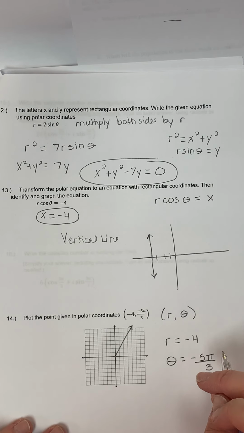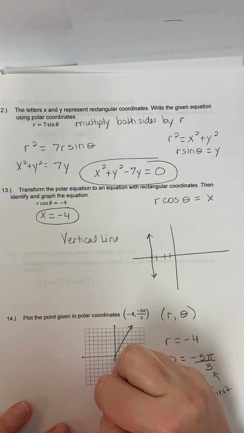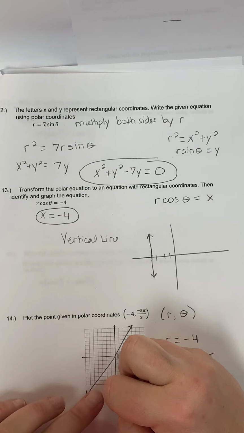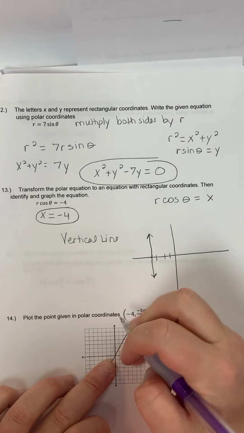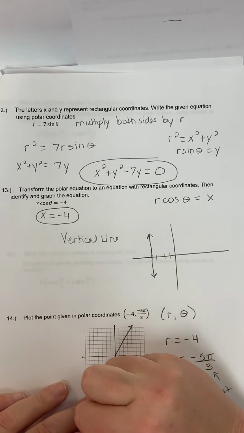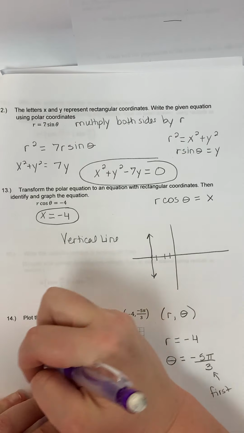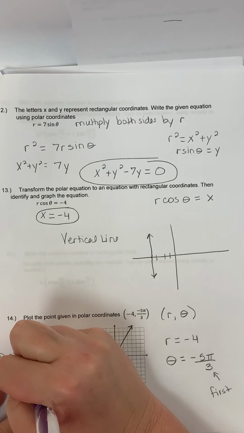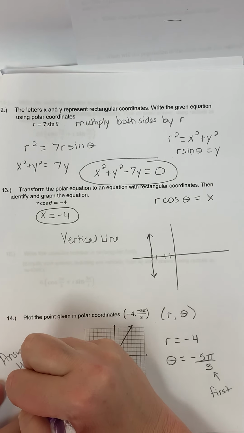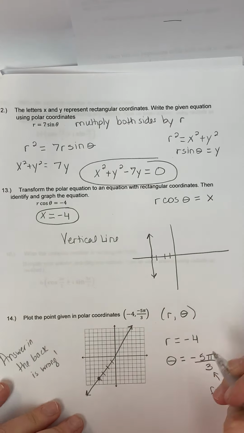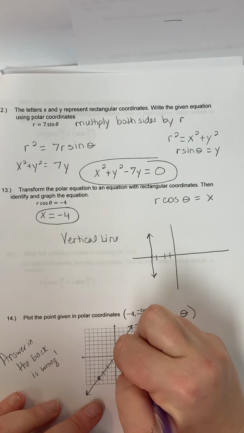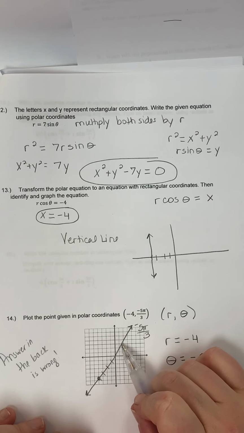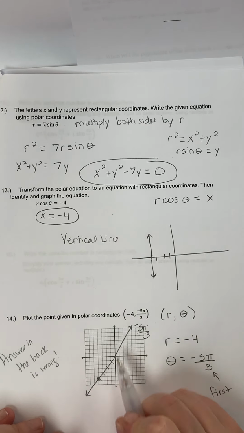I think I graphed you the wrong way. I did. My answer is wrong on there. Sorry, guys. A +4 would put you right here. A -4 is going to put you down here. So the answer in the back is wrong. Sorry. Because this is -5 pi over 3, and in the back I went 1, 2, 3, 4 and marked it right there, but this is a negative.